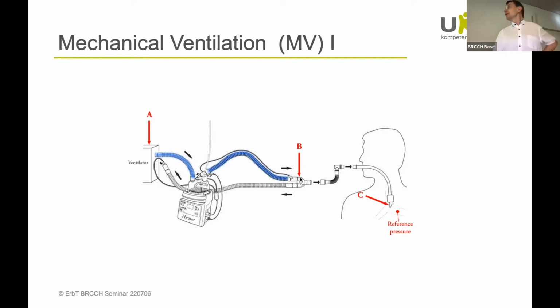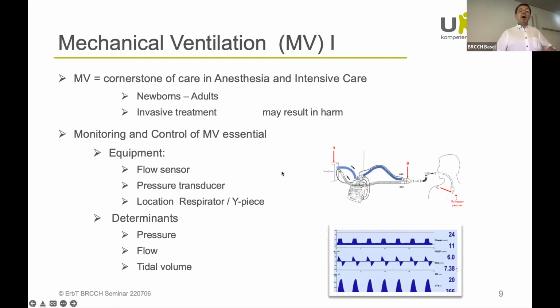And as you will see in our research, we have a reference pressure that's down in the trachea. With this equipment, with the flow sensor and the pressure transducer, we have certain figures that we can use to address pressure, flow, and tidal volume.